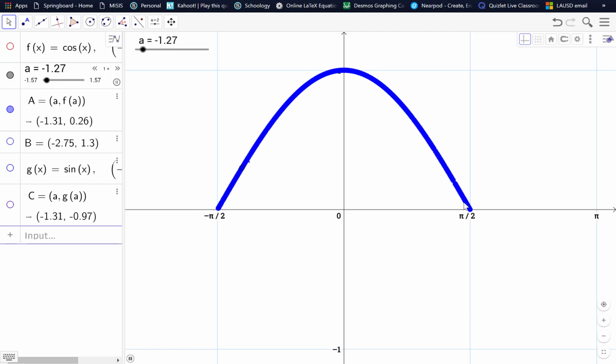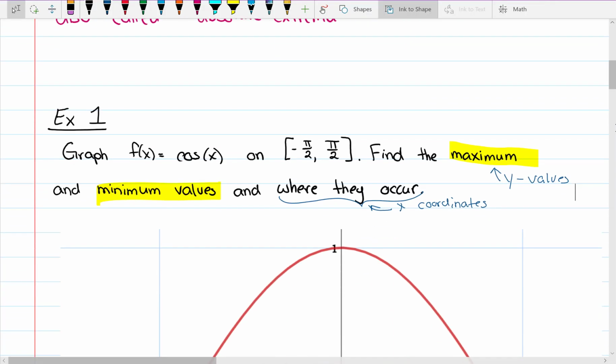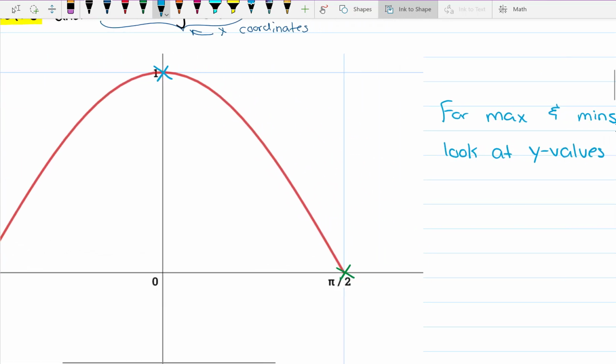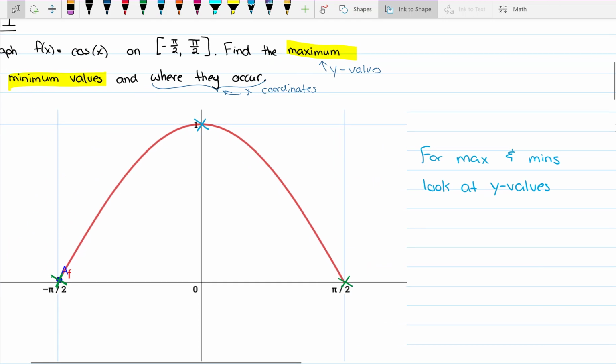And again, we're looking for absolute maximum and absolute minimum, so we're looking for the highest and lowest y values. If we look at our graph, you can see that right here and right here we have minimums, and then we have right here a maximum. So for maximums and minimums, again, we're going to look at the y values.